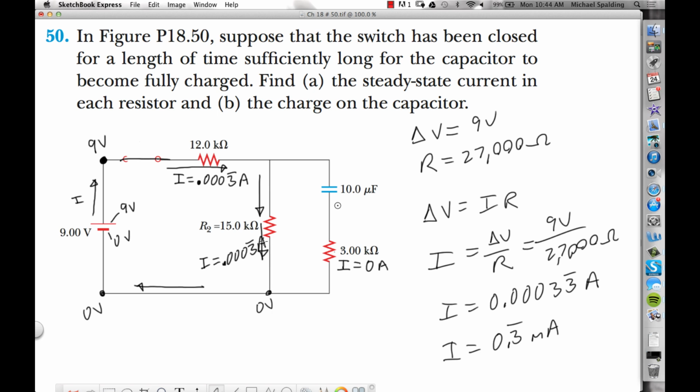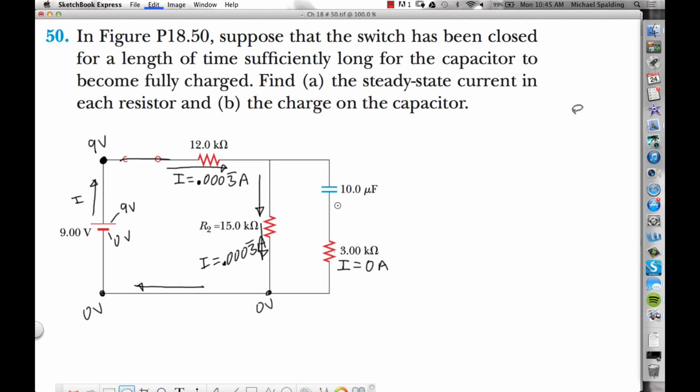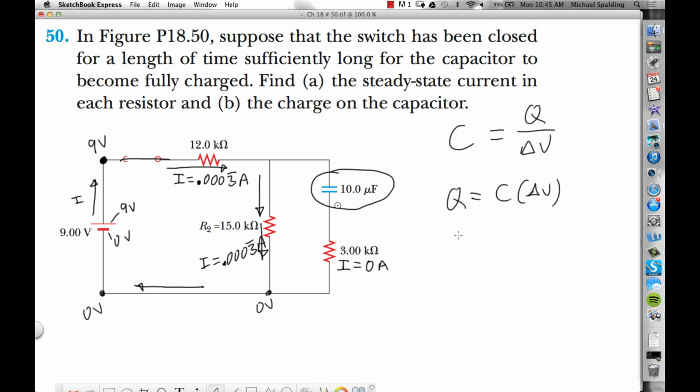Now, part B. Part B wants us to figure out the charge on that 10 microfarad capacitor. Okay, so we go to this capacitor. Now you got to know the definition for capacitance. Capacitance is defined as charge over voltage. So if we're looking for the charge, Q, we go capacitance times voltage.